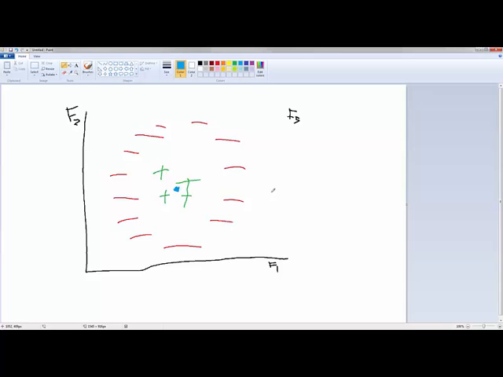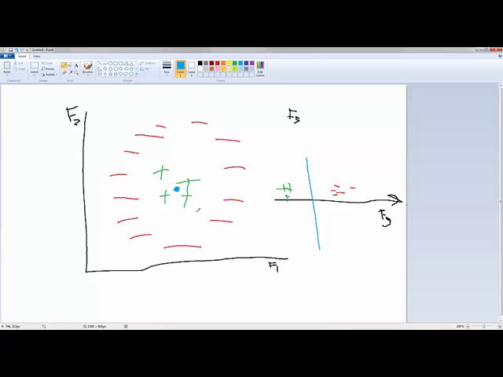So if you imagine that our only feature is the distance from this blue point, if we remap this into a 1D space where our one dimension is feature 3, where feature 3 is the distance from this blue dot, what we'll see is that all the green points are going to be very close because they have a low distance from the blue dot, and all the red points will be far away because they're farther from the blue dot. And now when we map the data like this, we get something that's linearly separable.